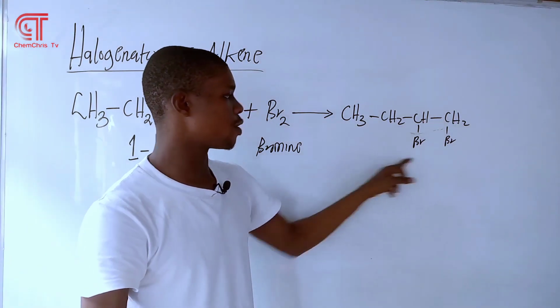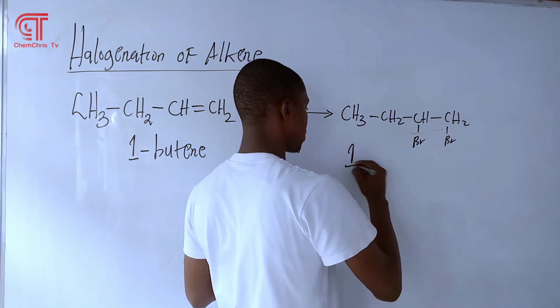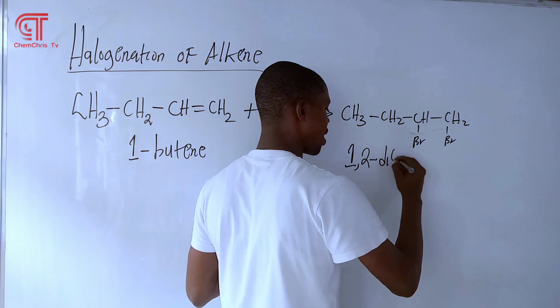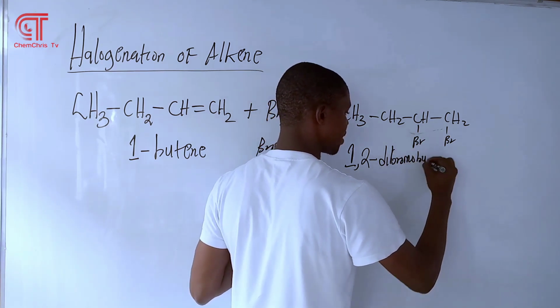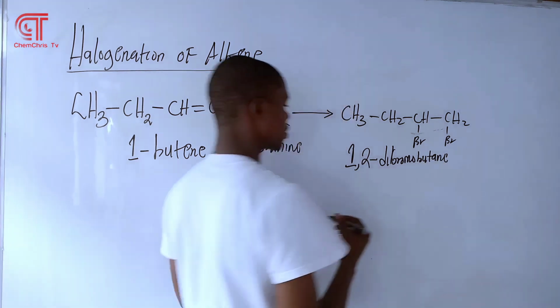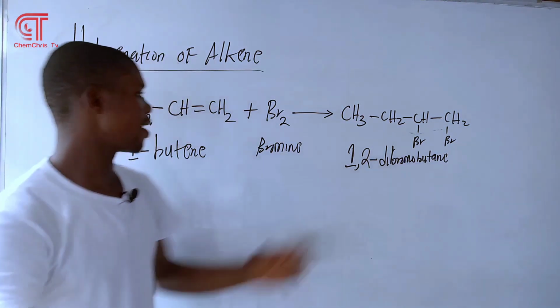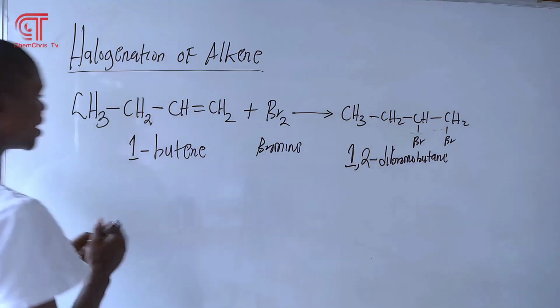So we get 1,2-dibromobutane. That is the product here. In the exam, I will set this.